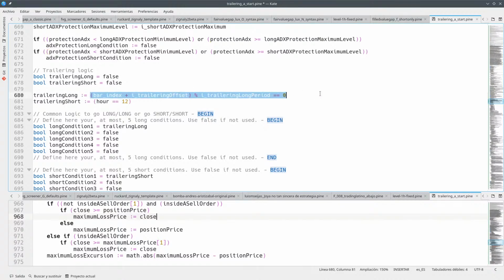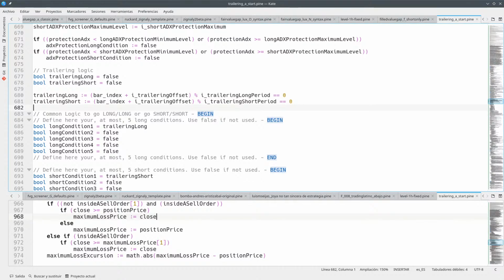Okay, the same thing should happen here with short, which is trailing offset, trailing short period should be 0. Okay.